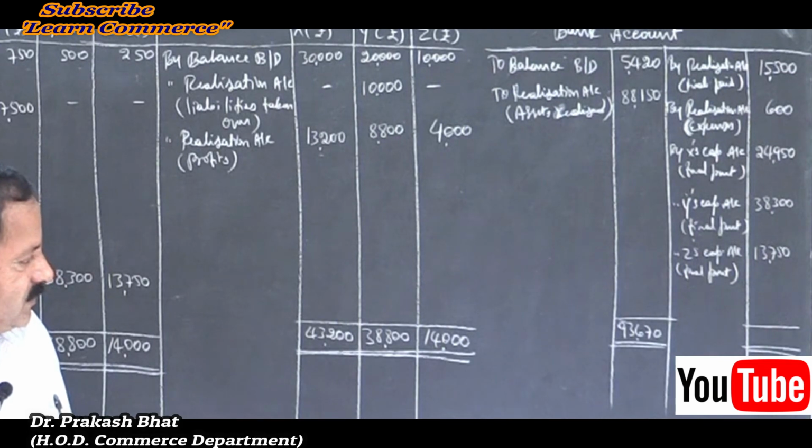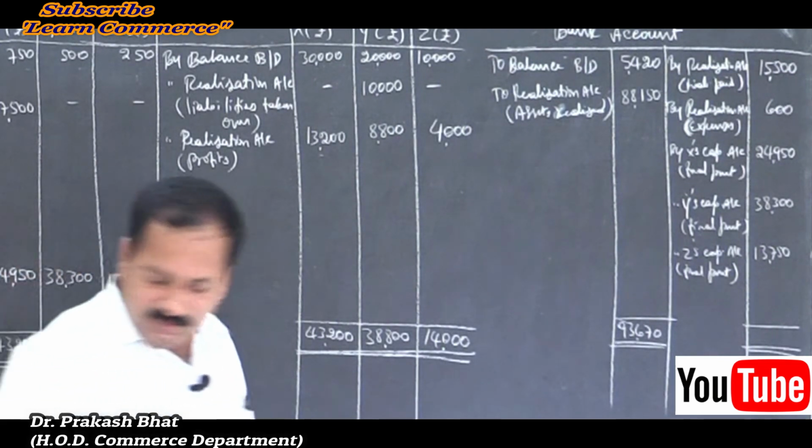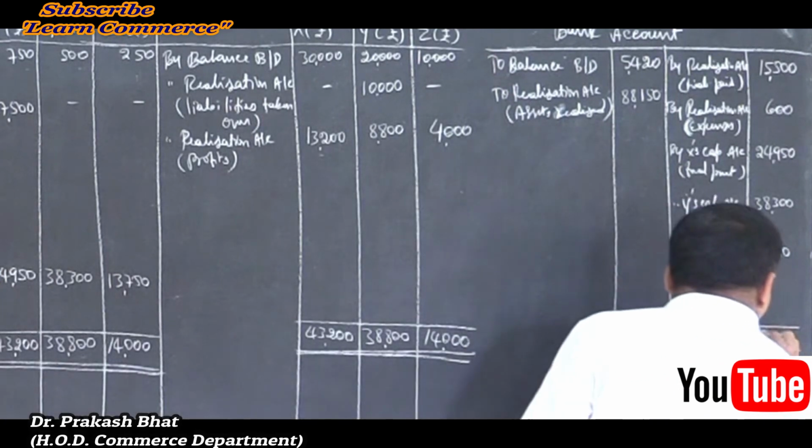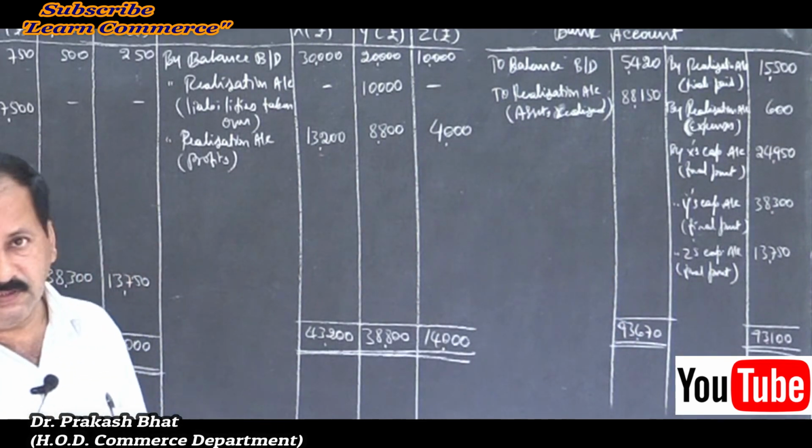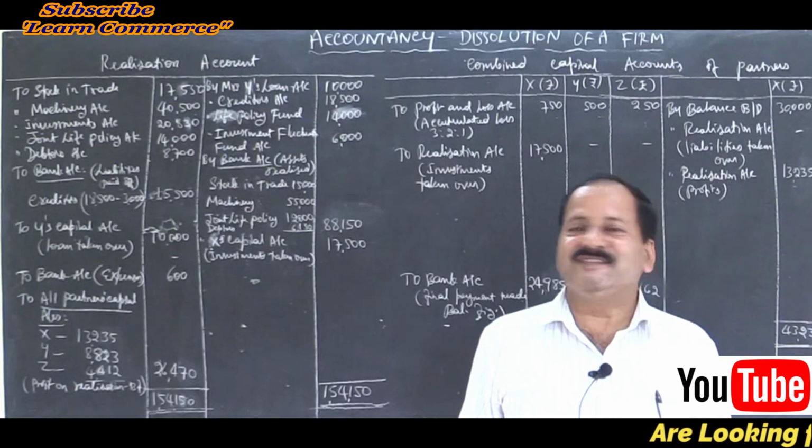Total 93,100. 570 difference. Search for the difference.